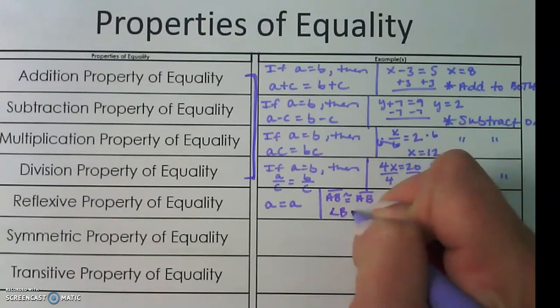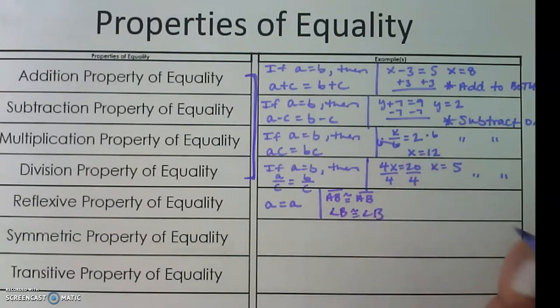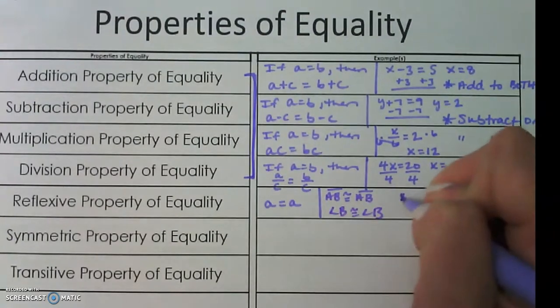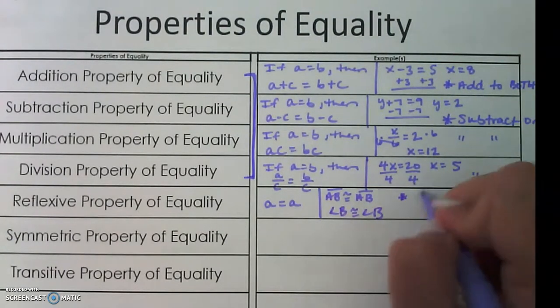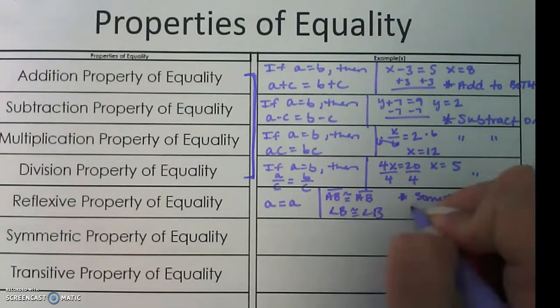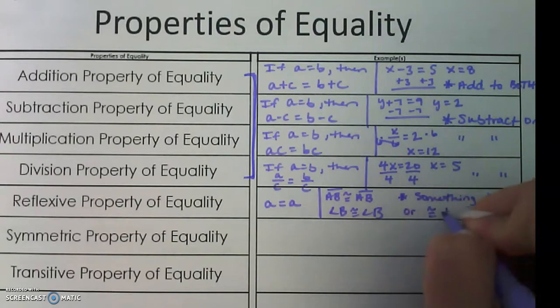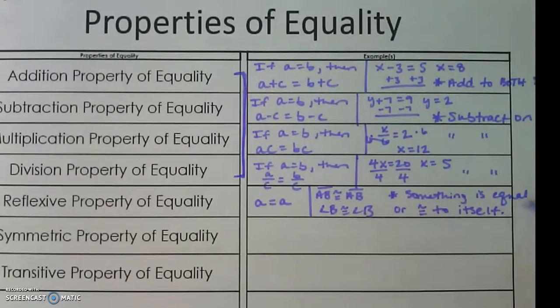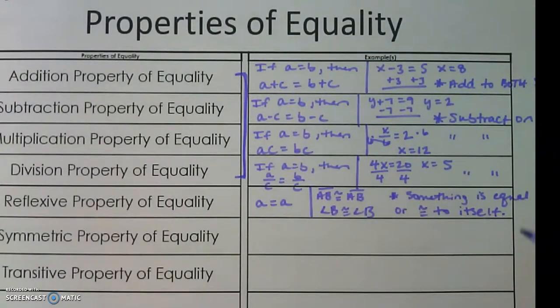But we could say that angle B is congruent to angle B. So again, the reflexive property is just saying that something is equal or congruent to itself. Again, we'll see it more with the geometric ones versus the algebraic proofs, but something good to go ahead and introduce to you.